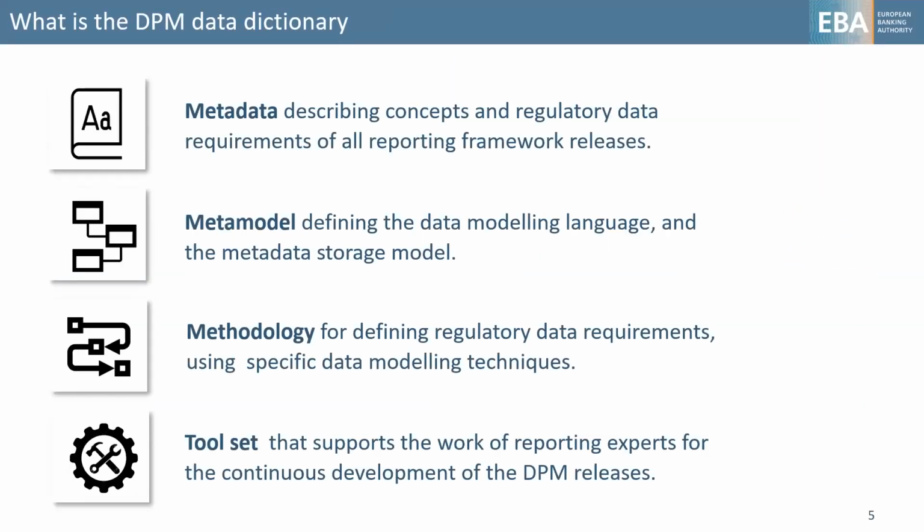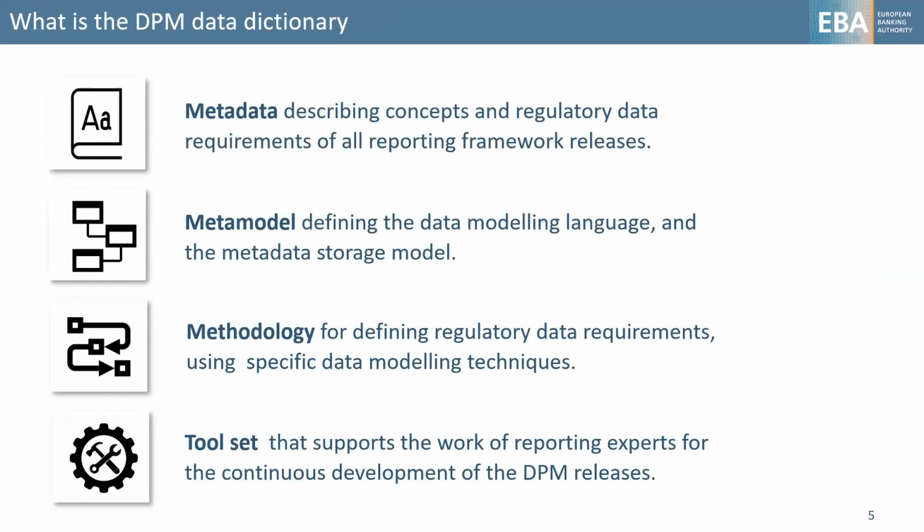This is something important to share, which is how do we see the DPM data dictionary? Because there is more than one perspective on this. So first of all, of course, the DPM is storing the content that defines the reporting requirements.